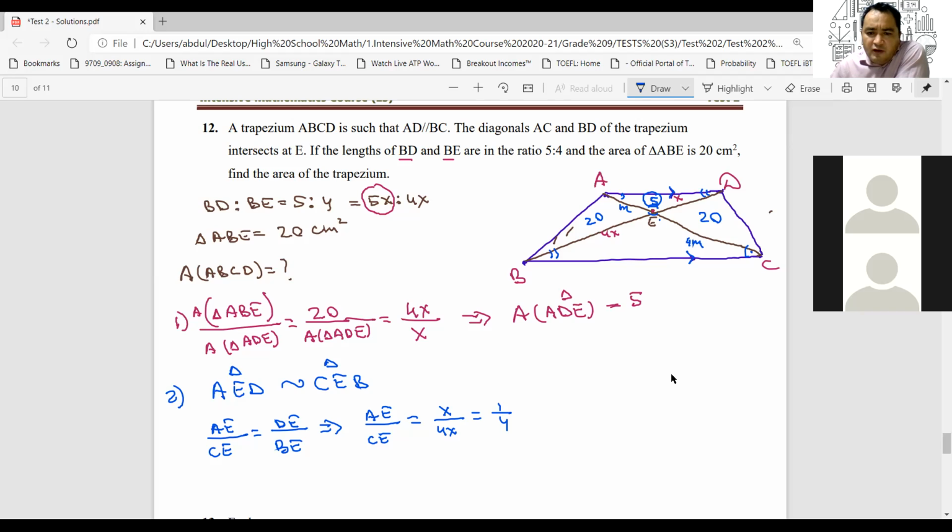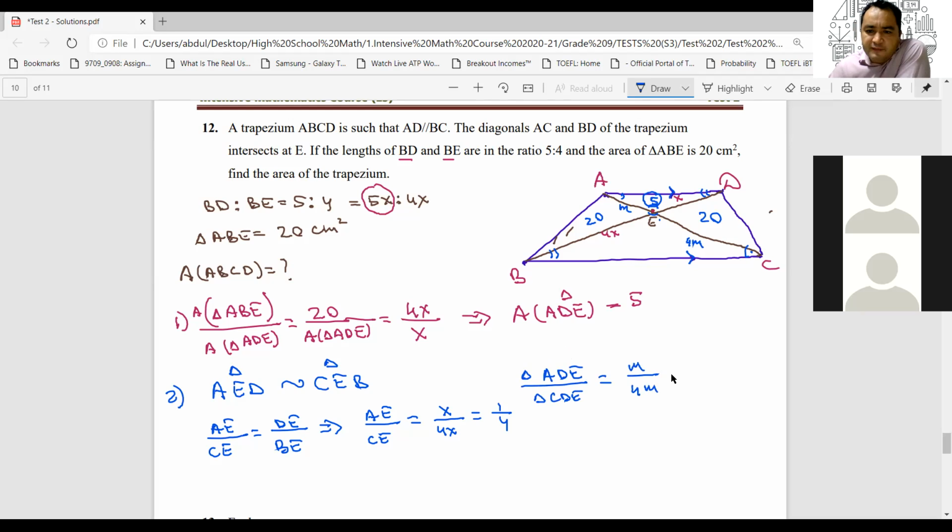What is the area of, let me just write like this, area of ADE? Okay, good. So area of ADE over area of CDE is equal to M over 4M. We know the area of ADE is 5, so that's why it should be 20.